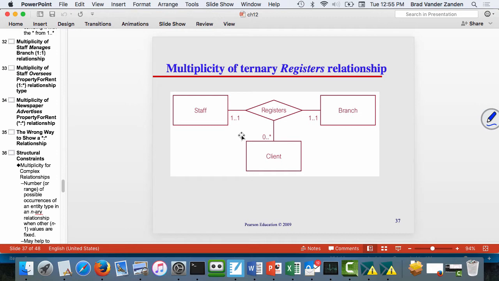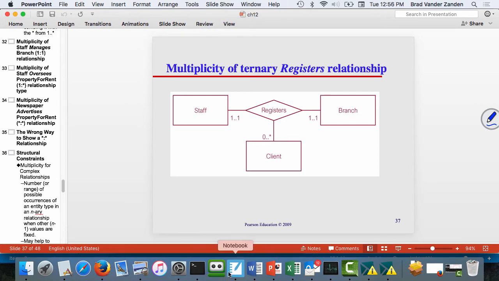So here we have the 3-way relationship of a staff registers a client at a branch, and we have to figure out what the multiplicity is. The way we do that is we fix an entity from all but one of the entities, and then we figure out how many occurrences of the remaining entity there can be.